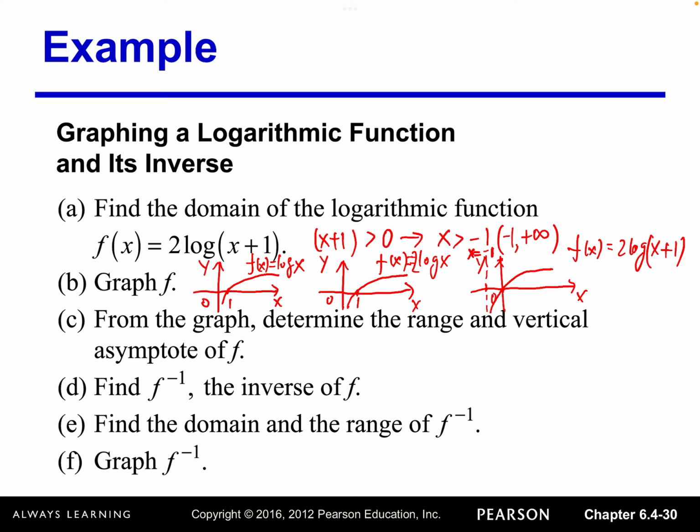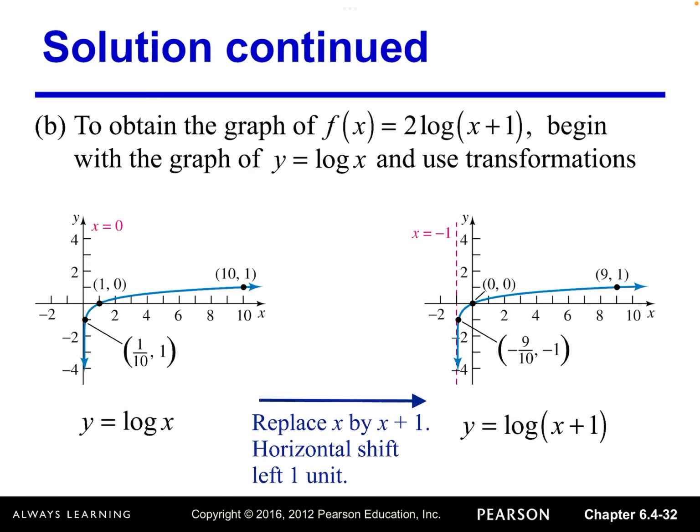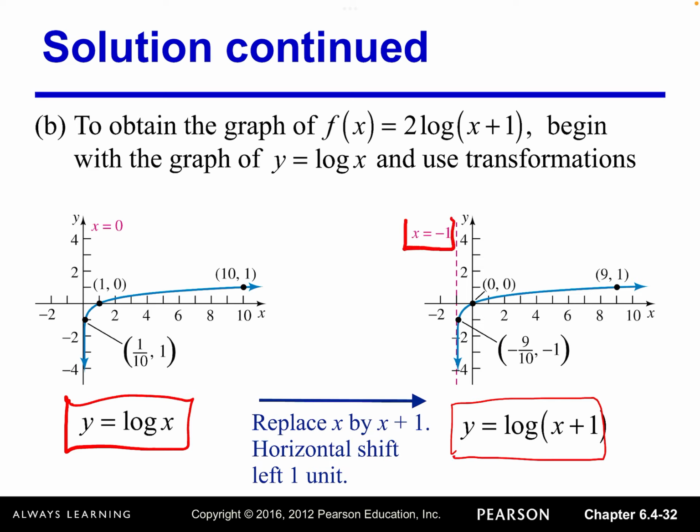Let's look at a more accurate graph. It's a two-step transformation. That's the initial graph, and the book skipped the vertical stretch by 2. Or you can do the horizontal shift first and then the vertical stretch by 2. That's fine. But the key is the vertical asymptote is no longer the y-axis.